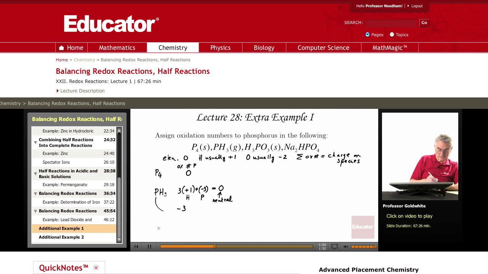A similar kind of reasoning applies to H3PO3. Let's go through it. 3 times +1 for the hydrogens. 3 times -2 for the oxygen, and the sum must equal 0.